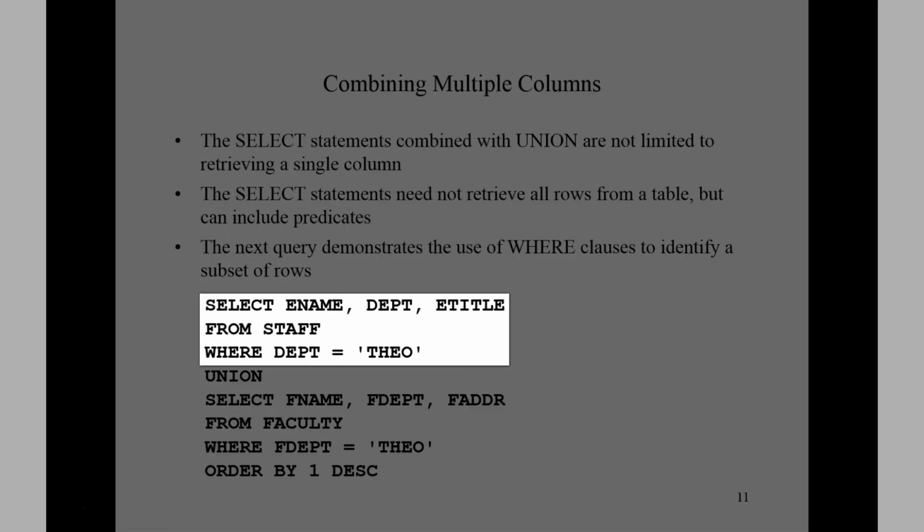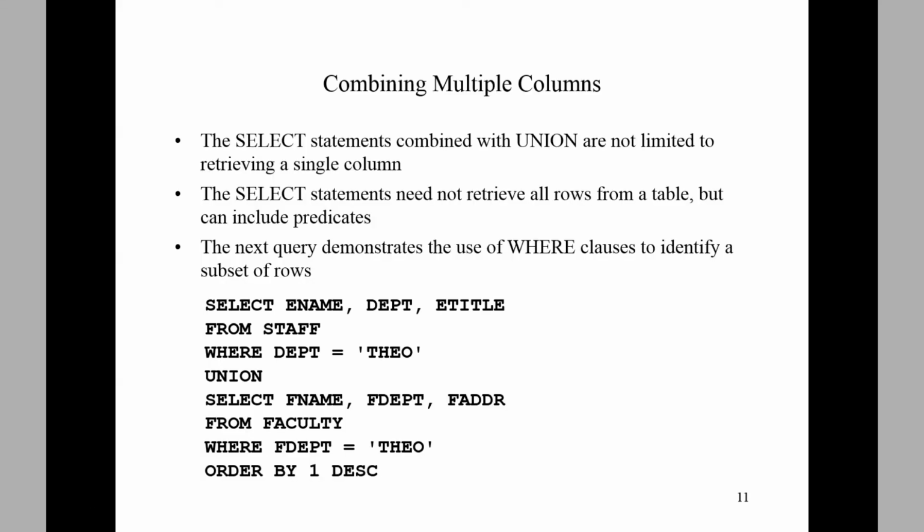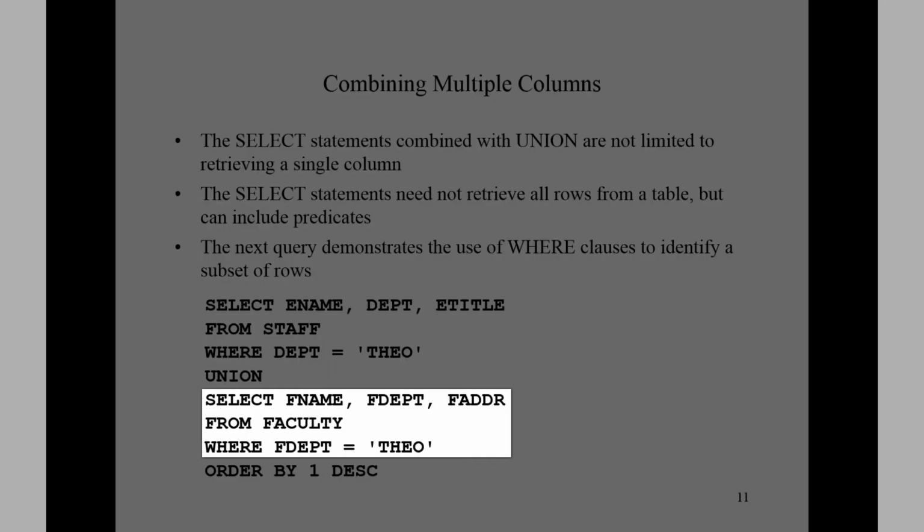In the first query block, we're selecting the name, the department, and the title, 3 columns from the staff table, and only for those rows where the employee works in the theology department. The second query block also selects 3 columns, this time from the faculty table, and again, only for those employees who work in the theology department.